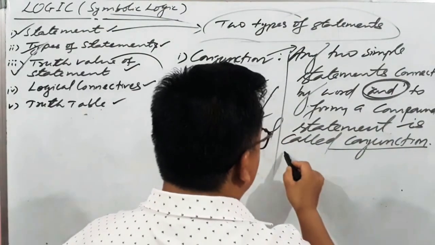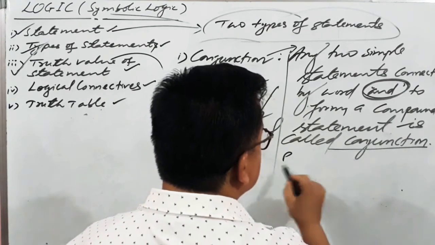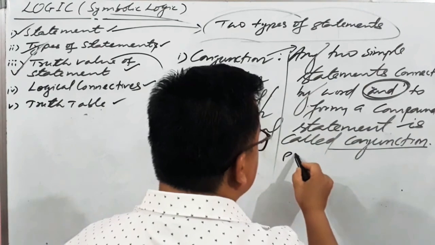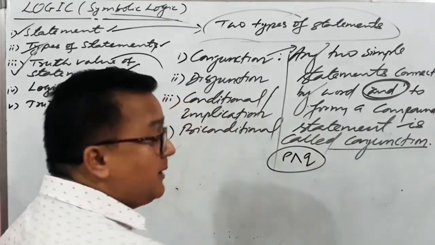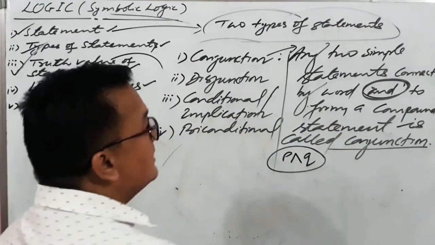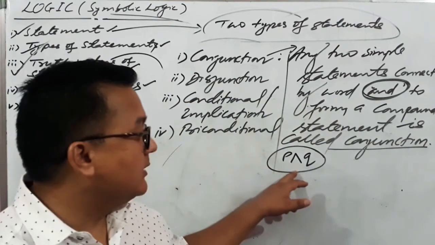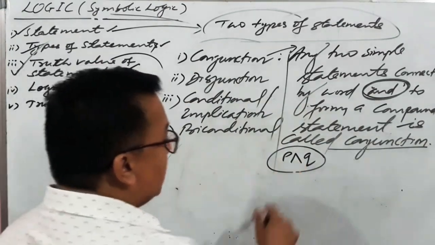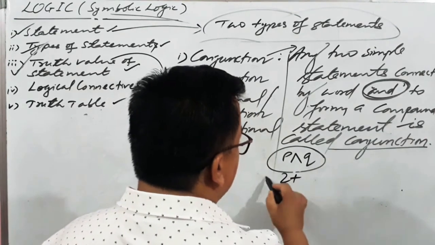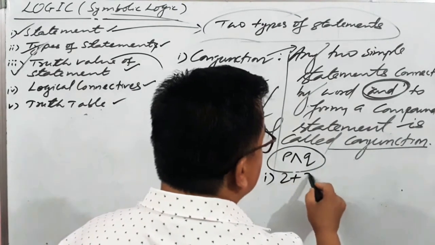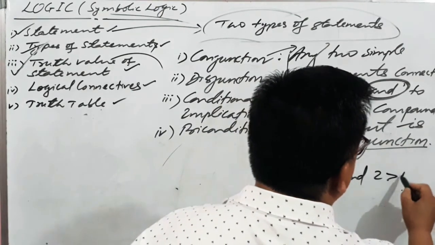So symbolically we can write: if P and Q are two simple statements, then the conjunction is symbolized by P and Q. We read it as P and Q. For example, a very simple example: 2 plus 3 equals 5 and 2 is greater than or equal to 1.